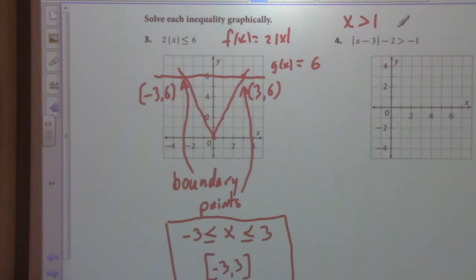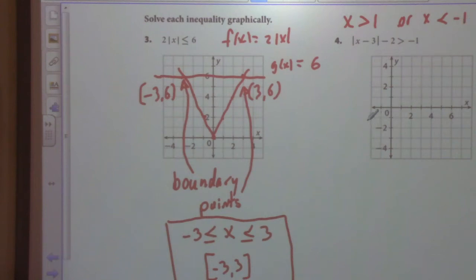Or x is less than -1, or something like that. I don't think it's symmetric. I don't think it'll be -1. Well, let's go ahead and work it out and see what we get.